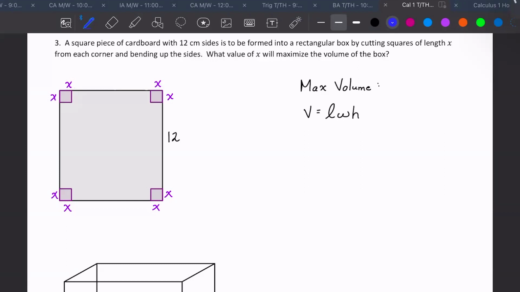This is what we're actually dealing with. That's what it looks like in 3D when we write it out. It wants to know what value of X will maximize the volume of the box. So whatever length we cut out for X is how much we're folding up.